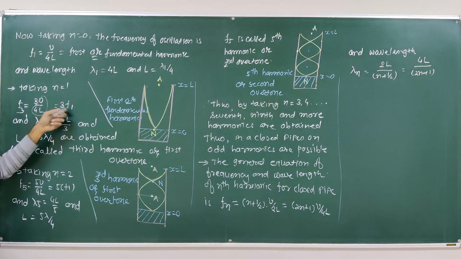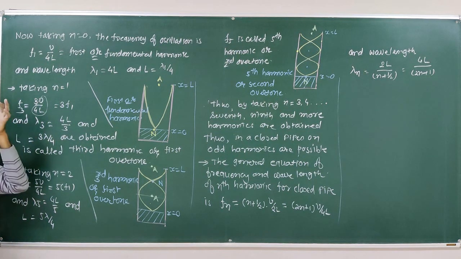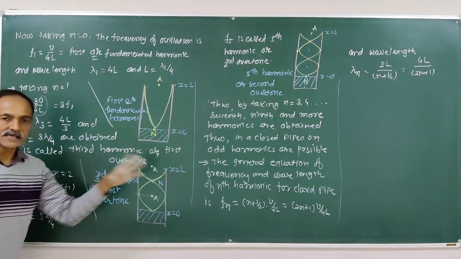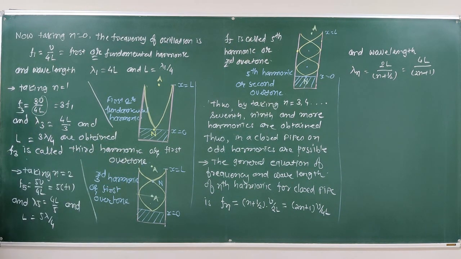And lambda 3 is equal to 4L by 3, and the required length of the column is 3 lambda by 4. So in column length L, 3 by 4 lambda waves, stationary waves, are produced. And F3 is called the third harmonic, that is also known as the first overtone.